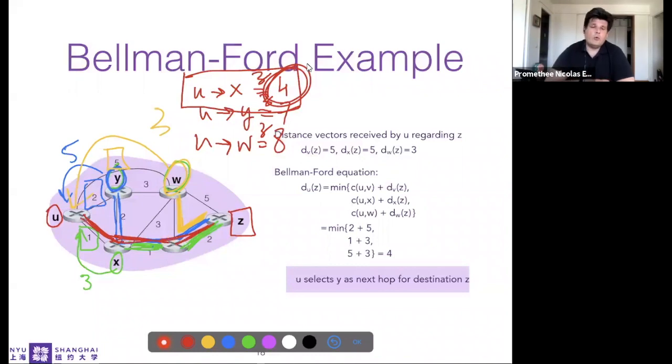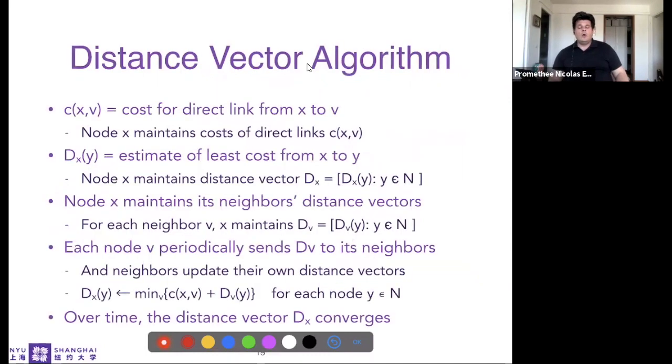So that's it. I'm receiving advertisements. This is how I learn about a route. I know nothing else regarding the route than the distance advertised by the neighbor, and I'm going to choose the closest one, the one that gives me the better distance. So the algorithm is pretty simple, right? Once again, you maintain the cost to your neighbors.